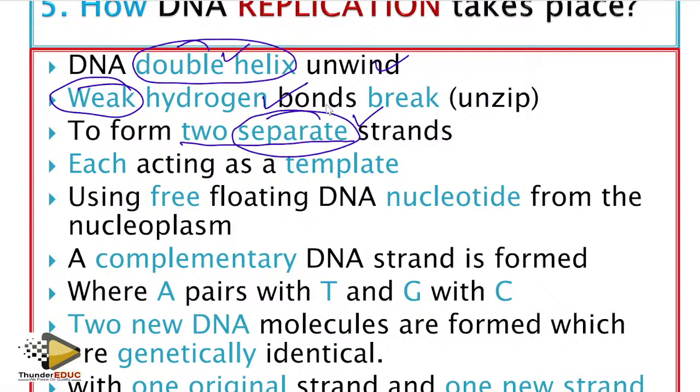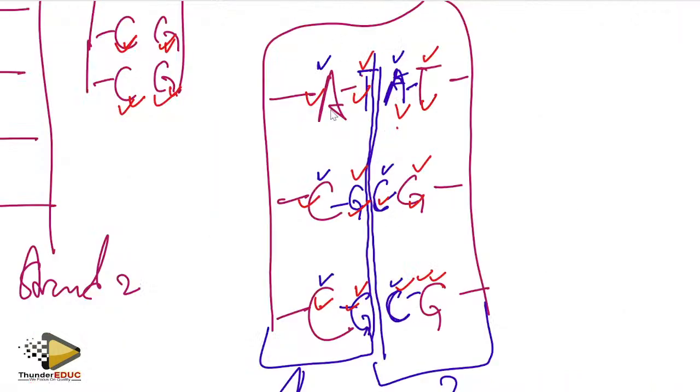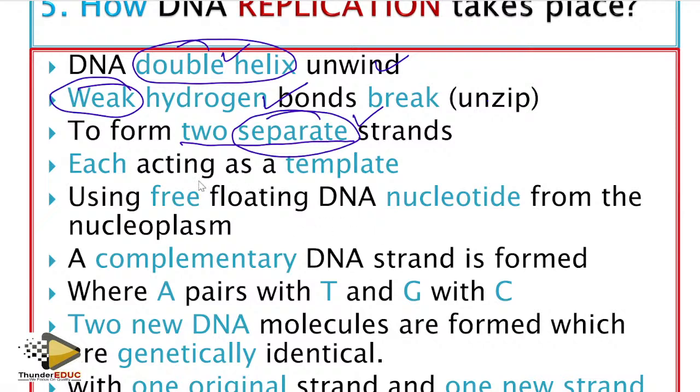Now, because we're on DNA, we have seen that each is acting as a template. This is acting as a template, and this is also acting as a template. So we shall say, to form two separate strands, each, this word each. If you have not used the word each, you can use the word both.